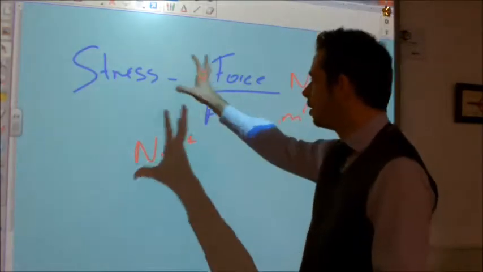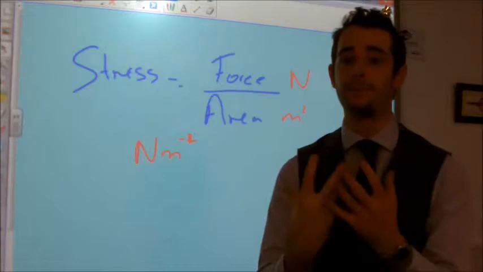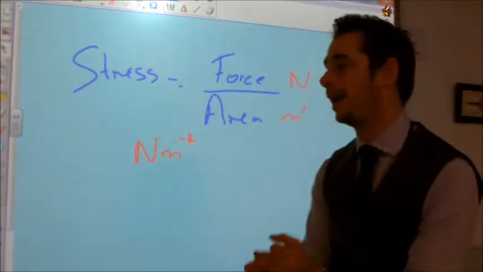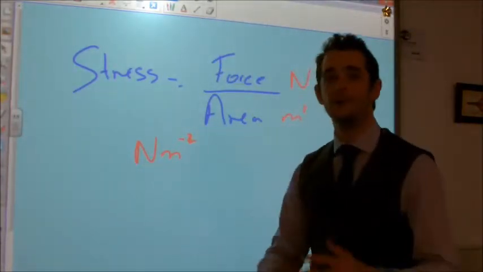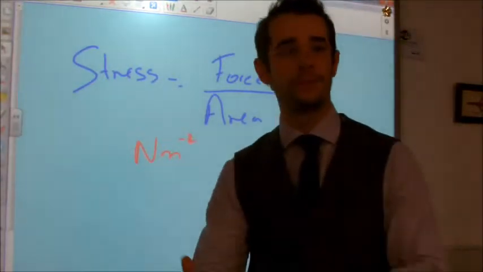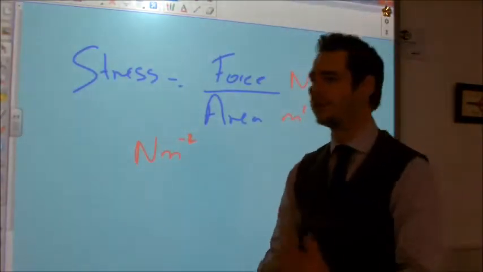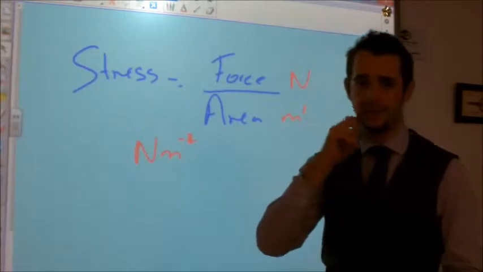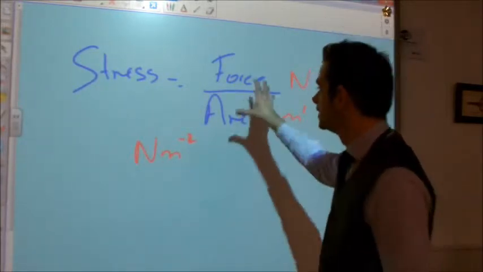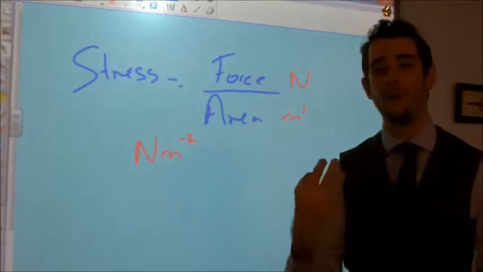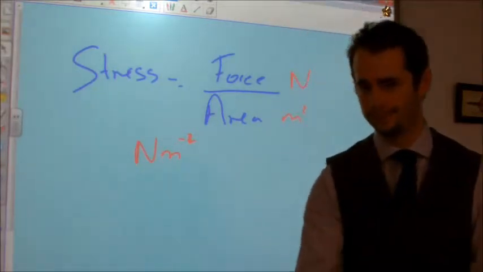Stress we talk about in terms of a material and a certain property a material has. Pressure we talk about more generally in physics: atmospheric pressure, pressure of a gas, all those kinds of things. So they are subtly different in terms of their context, but in terms of how we might think about them and work them out, they're very, very similar.